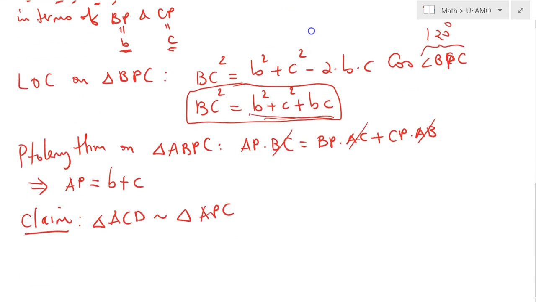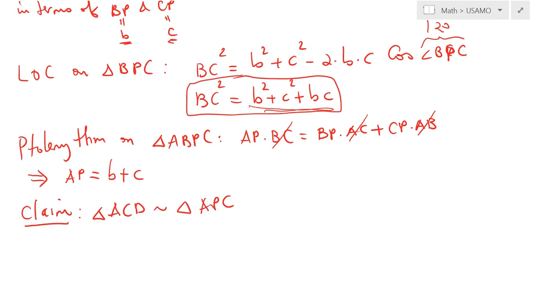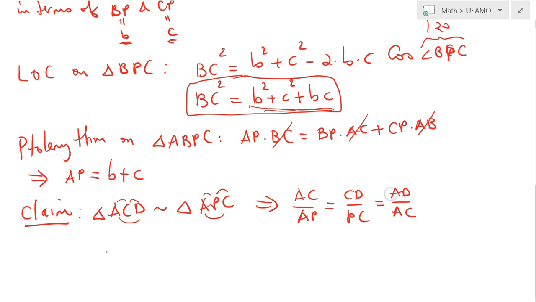As a result, you have the following length relationship. This implies that, for instance, AC to AP is equal to CD to PC, which is equal to AD to AC. And this would further imply that, making use of this and this and cross multiplying, we would simply get AC squared equals AP times AD. But recall that AC, the side length of our triangle, squared, is equal to this expression here.